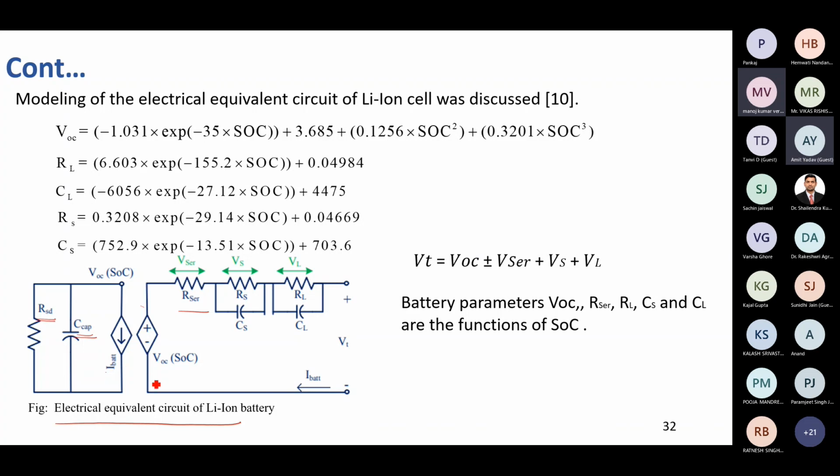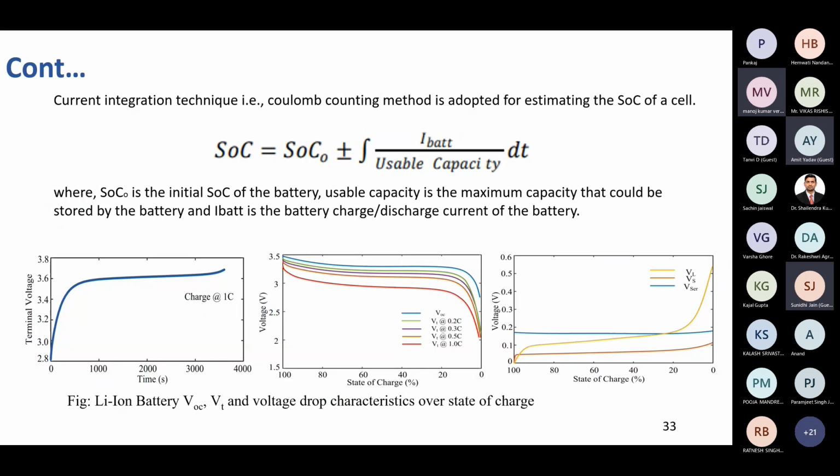We have modeled the battery with these characteristics, and we can estimate the values of UOC and RL. All these parameters can be estimated. If I want to estimate the terminal voltage, plus or minus is considered depending on charging or discharging. So we have worked with this equivalent circuit.